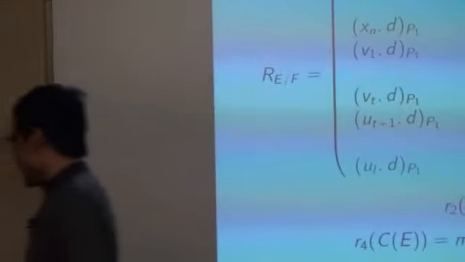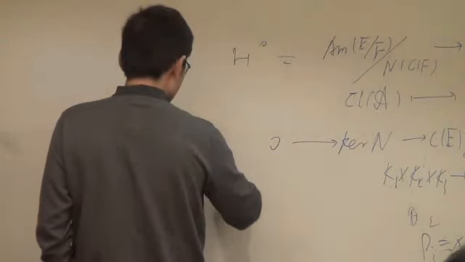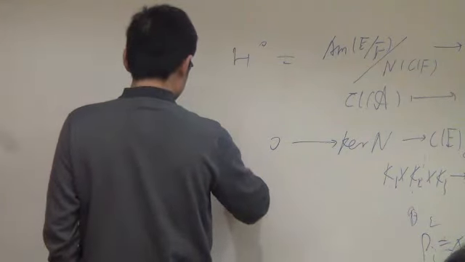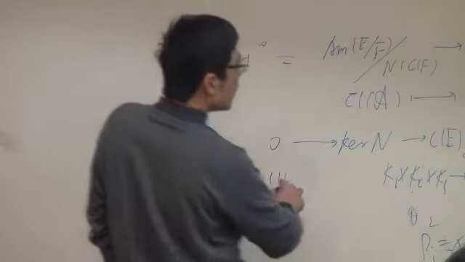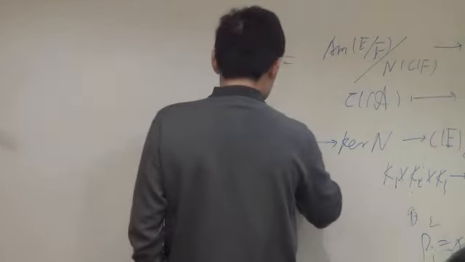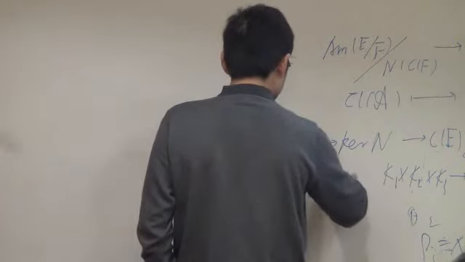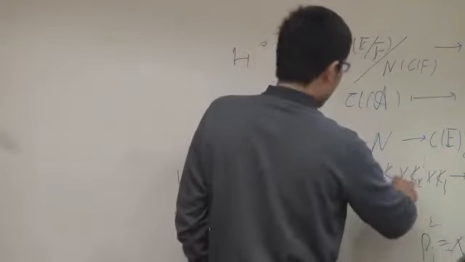UT plus 1 to UL is just the CU's. UF is just U1 times UT times UT plus 1 and UL.